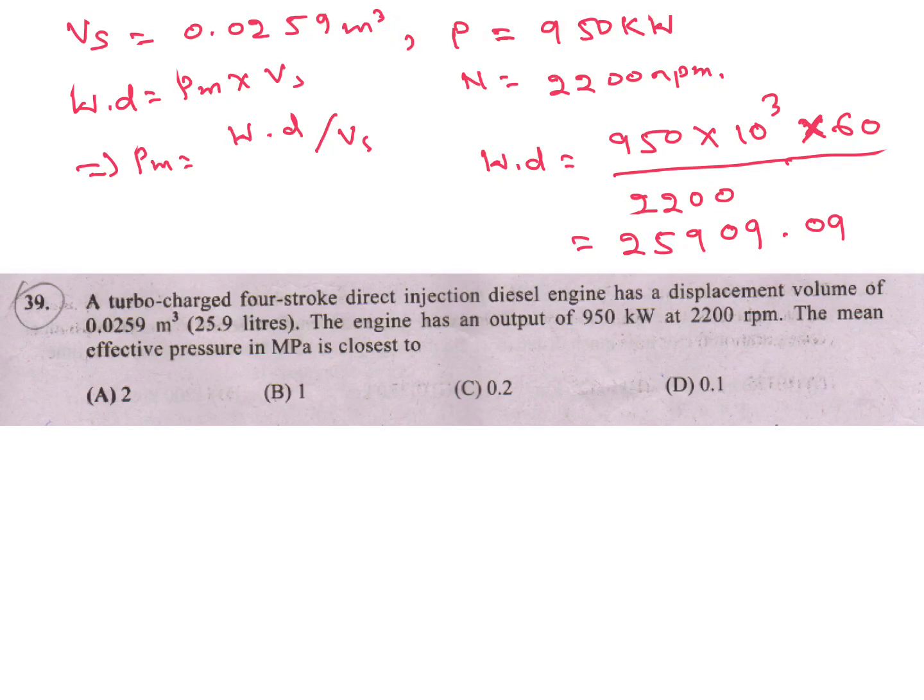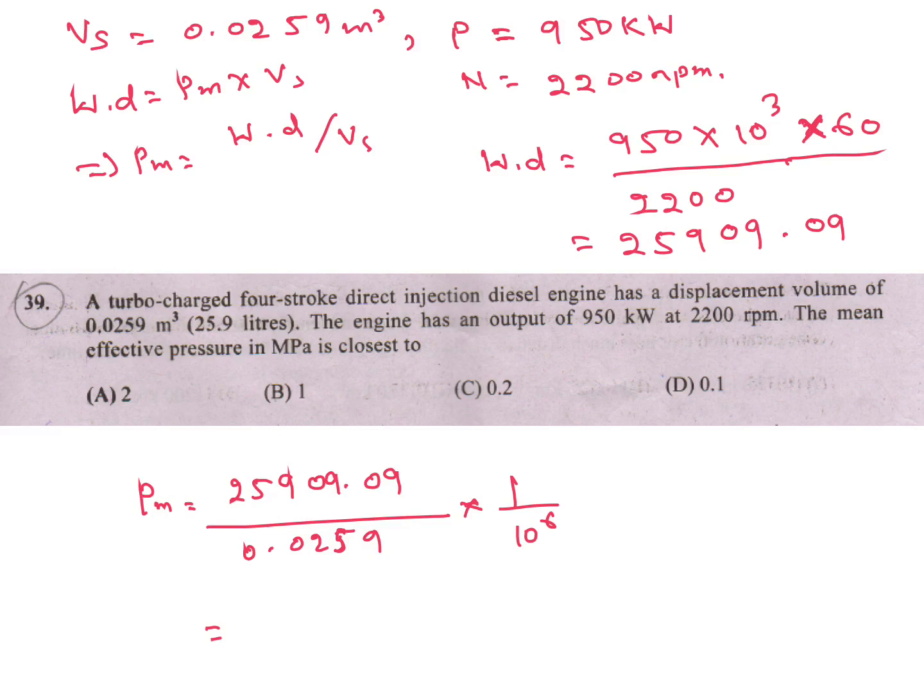So then put the value. PM equal to mean effective pressure is 25909.09 divided by 0.0259. So finally in MPa we have to calculate, so divided by 10 to the power 6. Finally you will get your answer 1 point something.